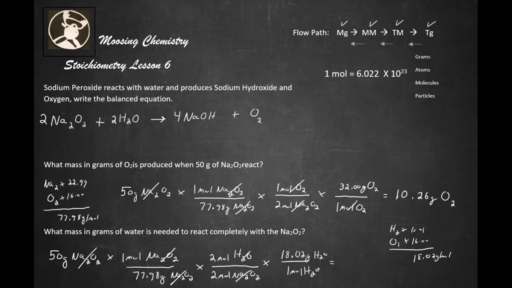We'll cancel out our common units. Okay, and then we're going to multiply and divide. So let's get the calculator again, and let's do this. 50 divided by 77.98, okay, times 18.02, and I get 11.55 grams of H2O.